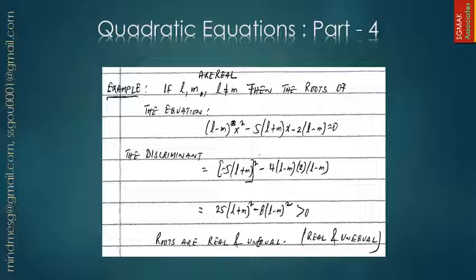Since L and M are real and they are not equal, L plus M squared is positive, L minus M squared is less than L plus M, so this expression will be greater than 0. So if discriminant is greater than 0, roots are real and unequal.